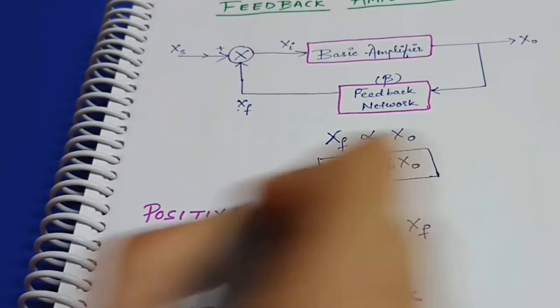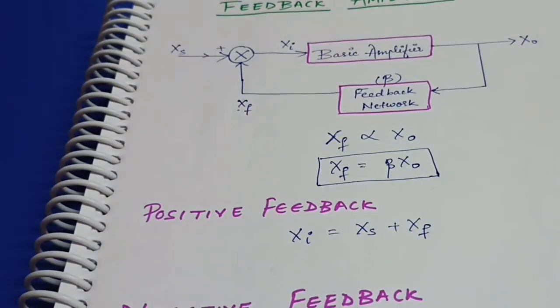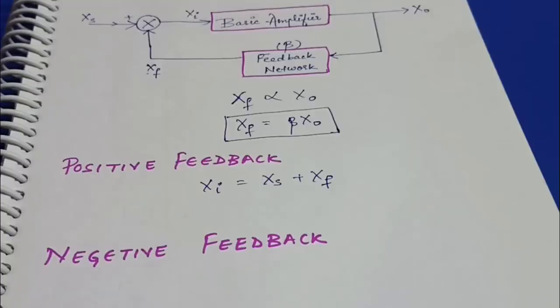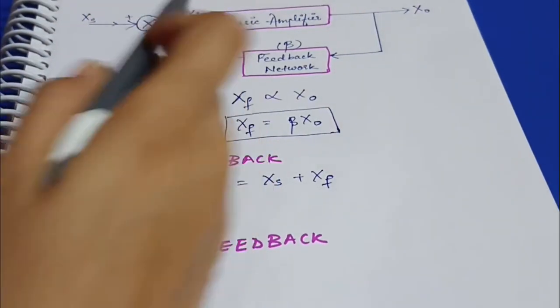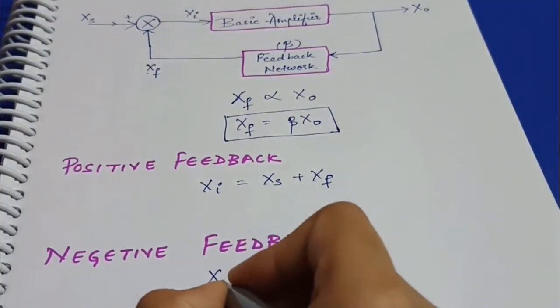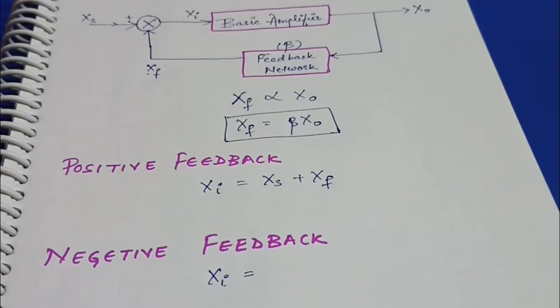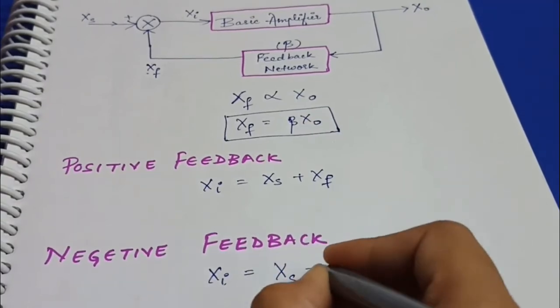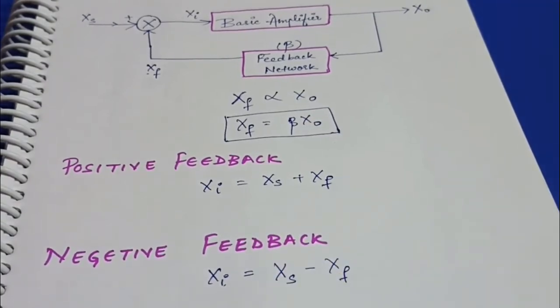Then it is positive feedback, as simple as that. If the feedback signal is subtracted from the applied input, then it is called negative feedback. So this input signal should be equal to the main input signal minus the feedback signal. Then it is negative feedback.